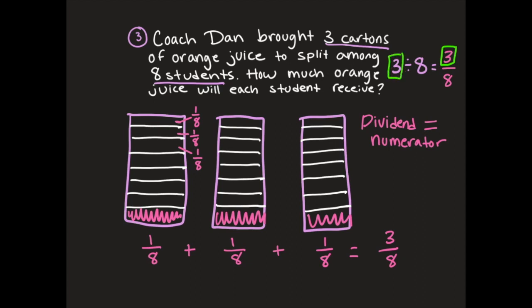Then also, your divisor always equals your denominator. So I'm going to have this one right here, and this one right here. So just keep that in mind as you're doing your problems, that is one of the patterns that you should have hopefully started to see throughout this lesson.